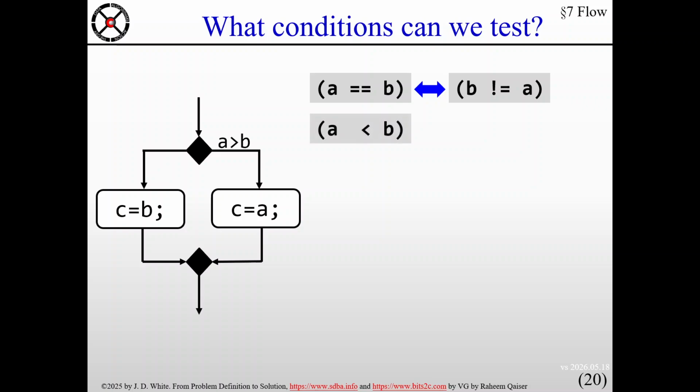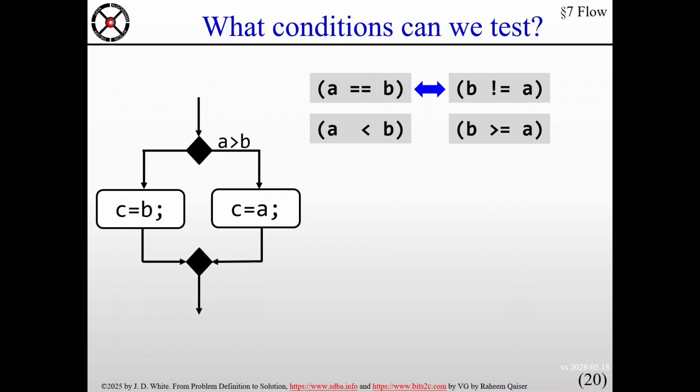I can check if the value in container A is less than the value in container B. That can be true. Or I could test, is the value in container B greater than or equal to the value in container A?